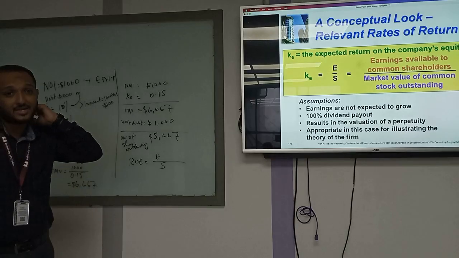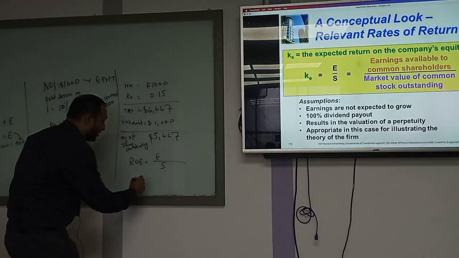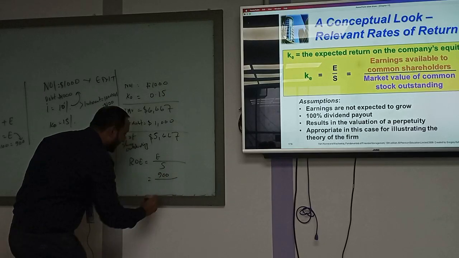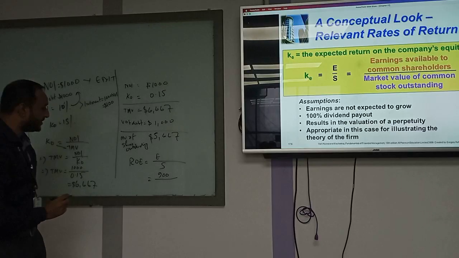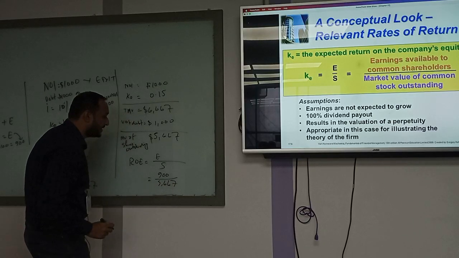Elaborate, so that I understand that you have understood. Okay? So what is my E here? 900, divided by shares outstanding, how much is there? 5667.